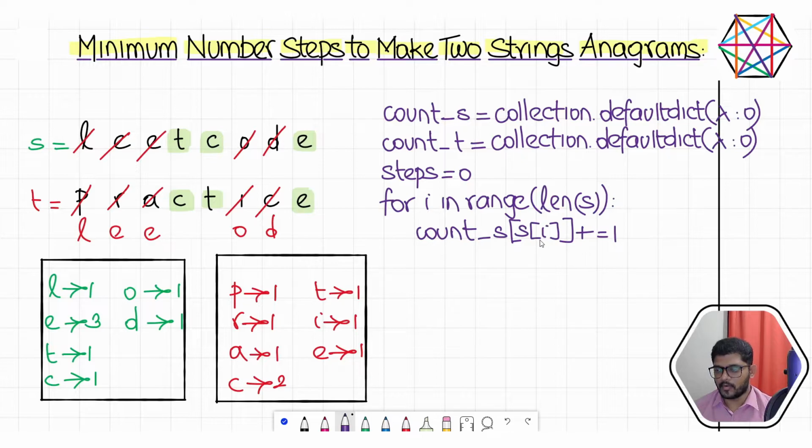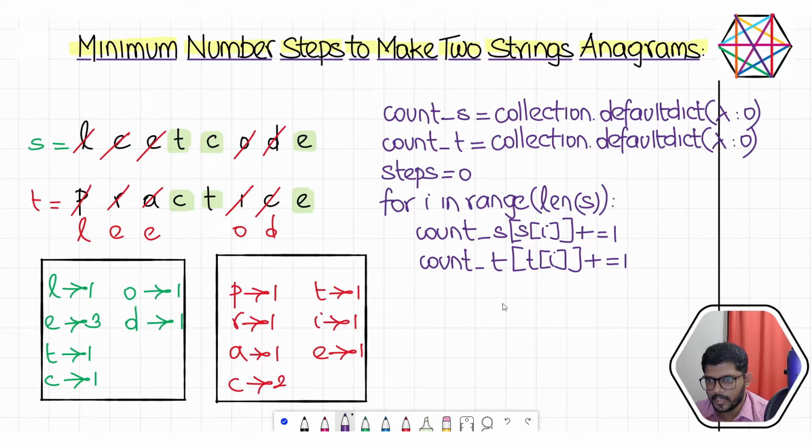Every time we encounter a letter, we will keep updating its count by doing +1. The same goes for the letters in the string t. count_t of t[i] plus equals 1. Every time we encounter a letter in the string t, we are updating its count by adding +1.